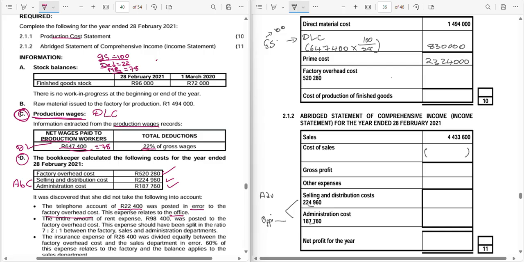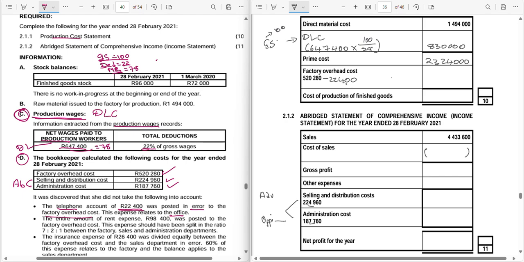So they are telling us that it was posted in error. If something was posted in error, we reverse it. Telephone account was posted where? To the factory. So you are going to minus that 22,400 because it was not supposed to be there.